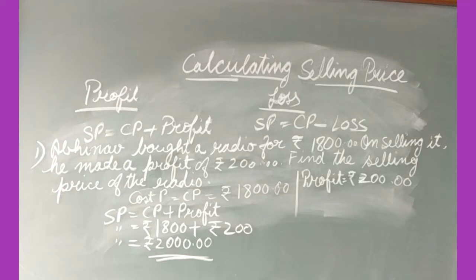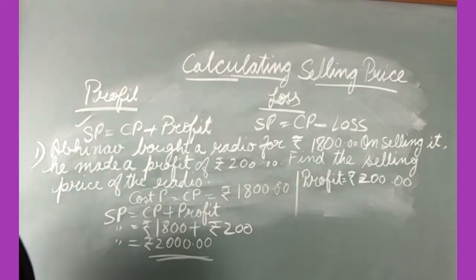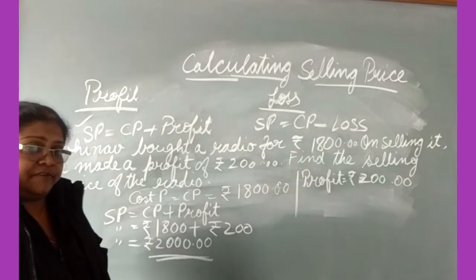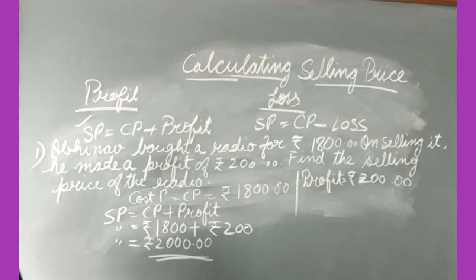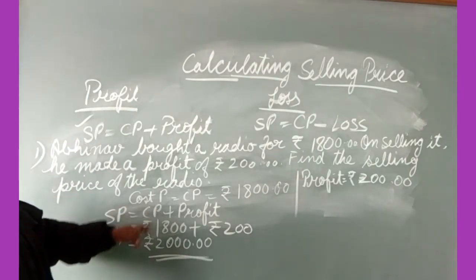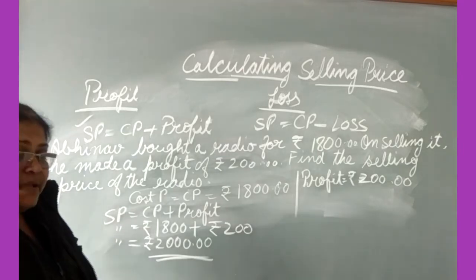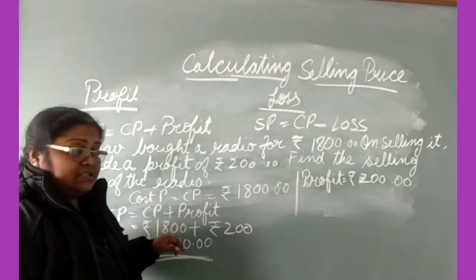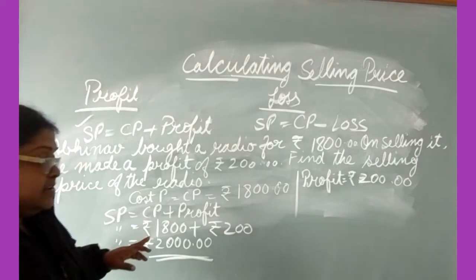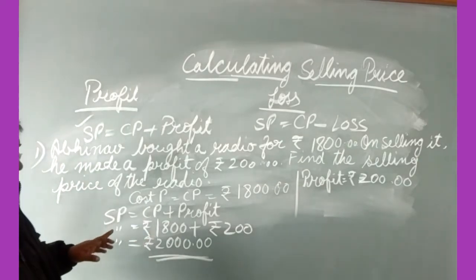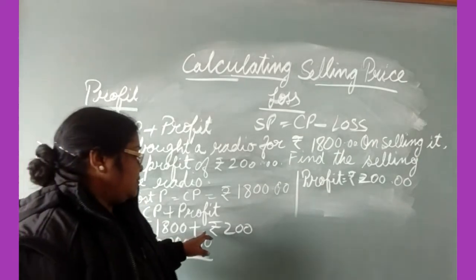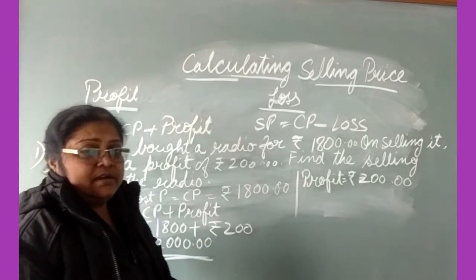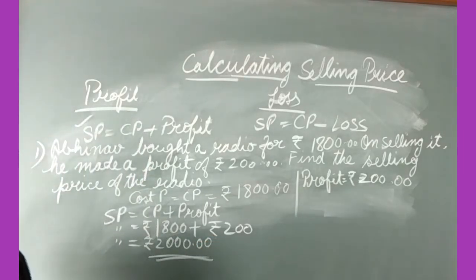If they have made a profit, then which formula will we use? We will use this formula: SP equal to CP plus profit. What is the CP? CP is rupees 1,800, plus profit rupees 200.